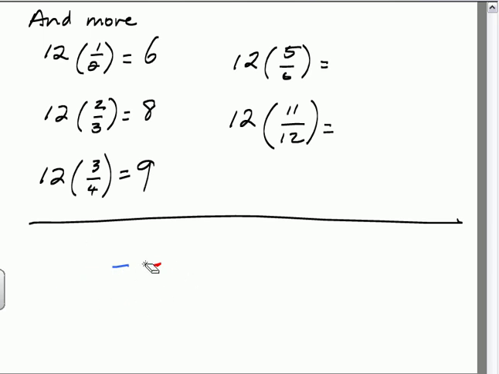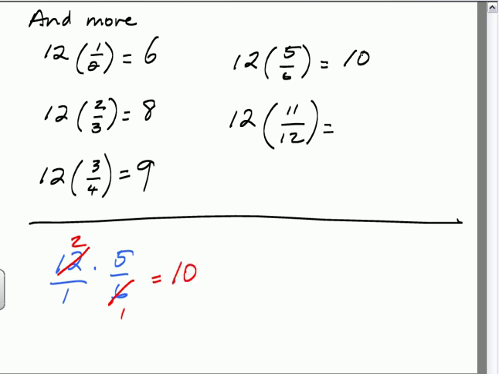So we've got 9, another nice number. Next one, 12 times 5/6. Do you notice that this bottom denominator here, we can always divide by that number. Divide by 6, and we end up with 10.